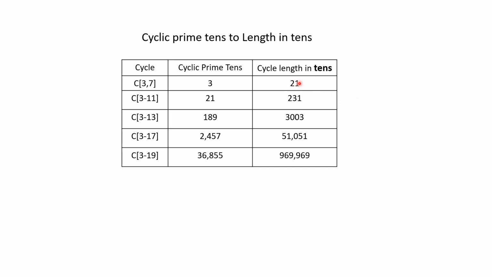The length here is 210, but in tens it is 21 tens, here 231 tens. If you continue this table with more numbers, you will see that the number of cyclic prime terms gets a more constant proportion in relation to the length of the cycle. So we can see some convergences that we have to put into equations.